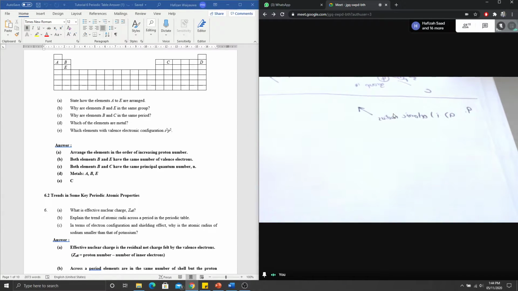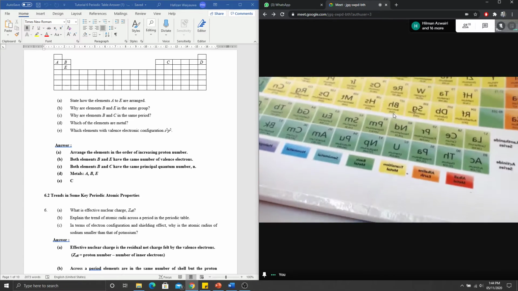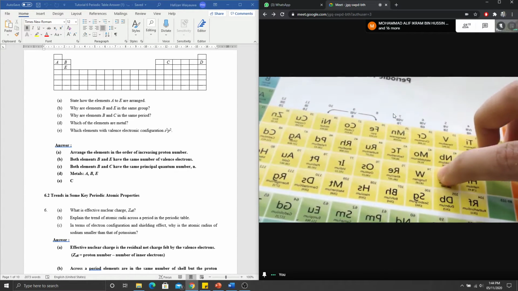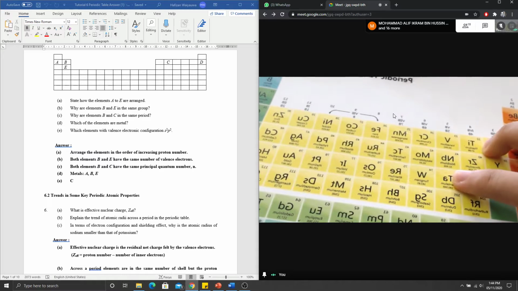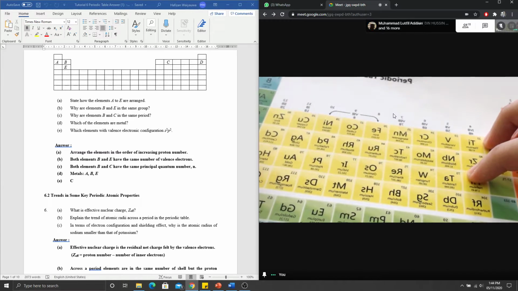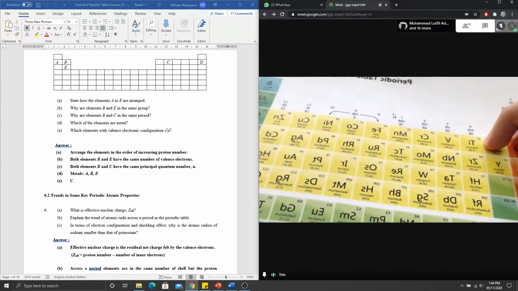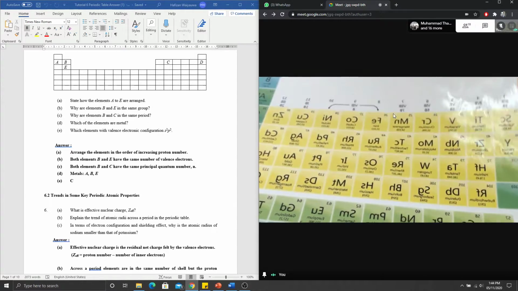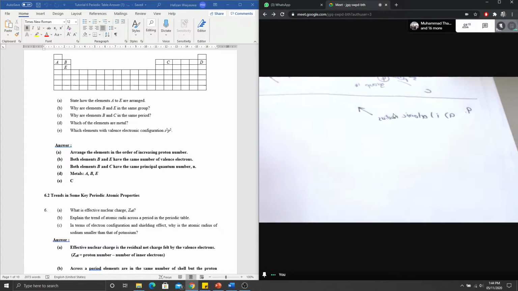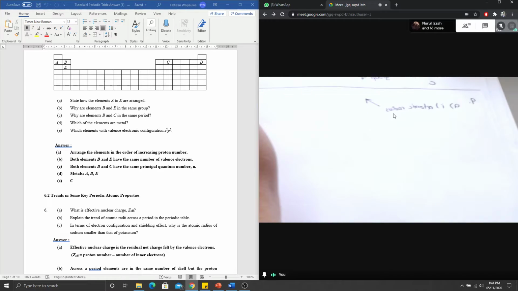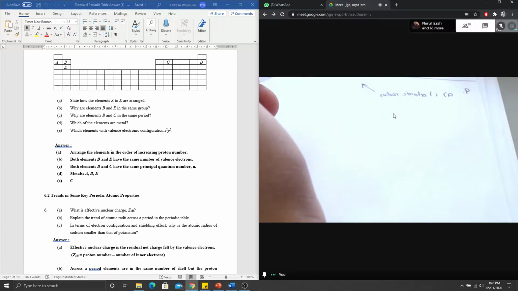You have to know the position of the elements dekat the periodic table kan. Okay, macam mana kita nak tahu ni? The same thing as before. Kita tahu this position based on their electronic configuration kan. So, the first thing that you have to do is buat dia punya electronic configuration. Okay. Do for me untuk U, V and W while I'll do T.